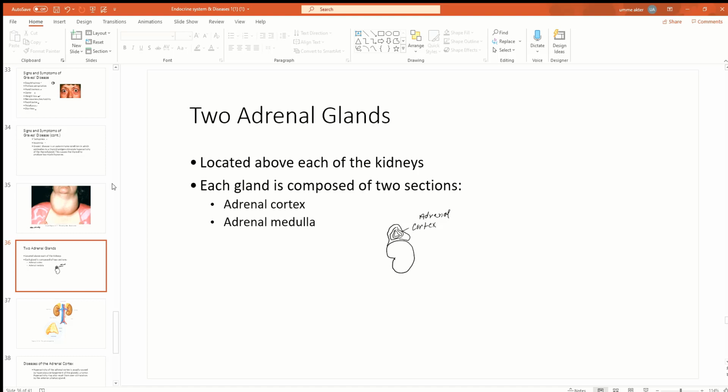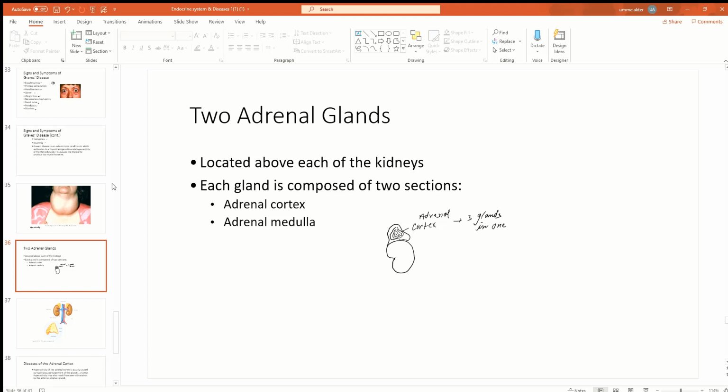So we say that adrenal cortex is three glands within one. Because three layers work as three different types of glands and release three different types of hormones.